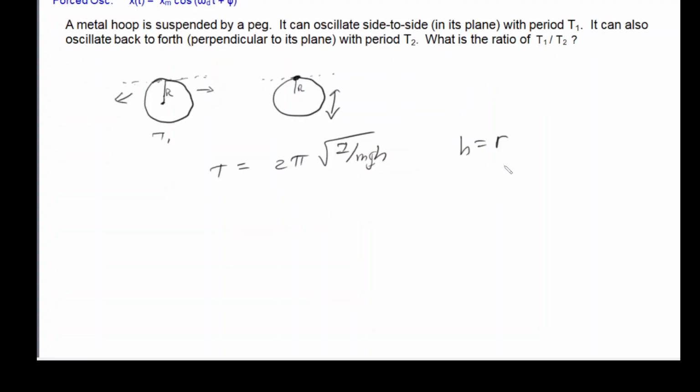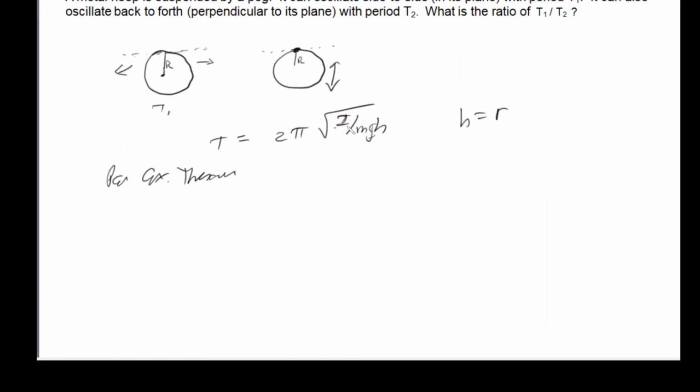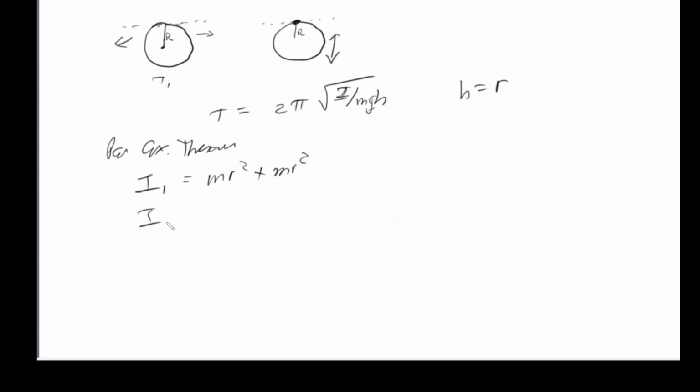And using the parallel axis theorem, we find that the moment of inertia for the first hoop is equal to mr squared plus mr squared, and the moment of inertia for the second is equal to 1/2 mr squared plus mr squared.